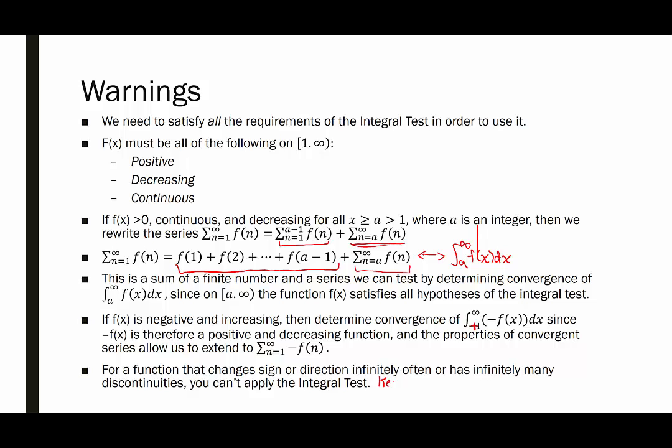The key examples of this are things that have oscillating trigonometric functions in them, like the series n equals 1 to infinity of cosine 3n over n plus 4. This is a horrible candidate to use with the integral test because the numerator cannot be written as an exclusively positive and decreasing function. You're going to have trouble.